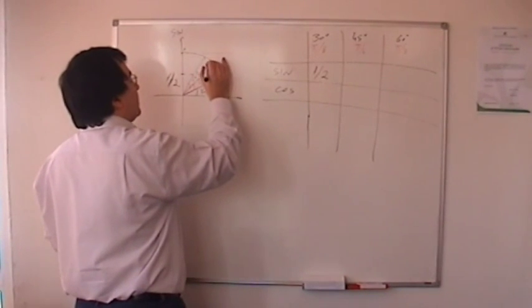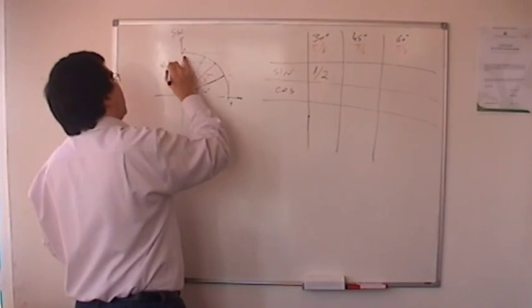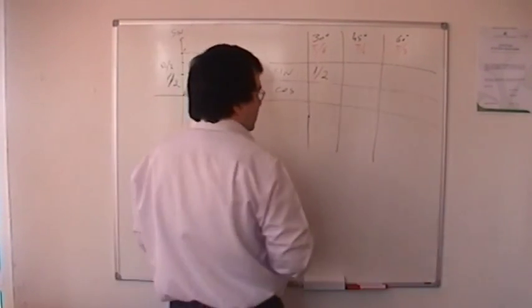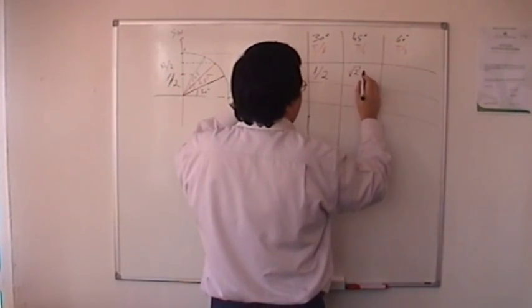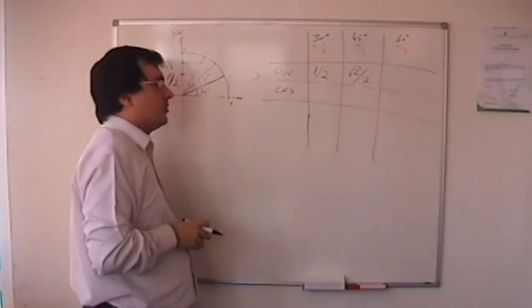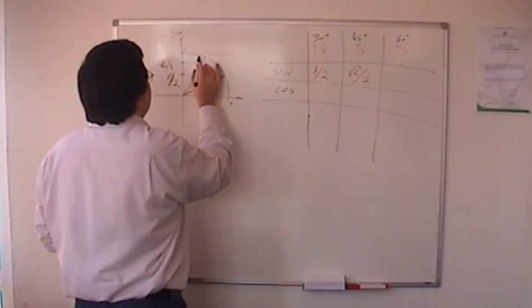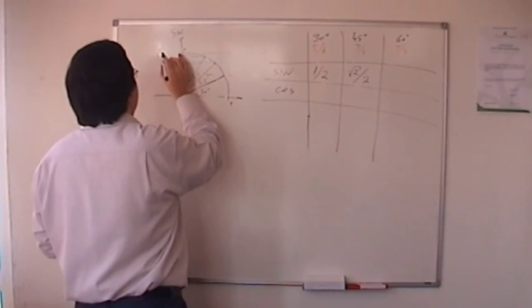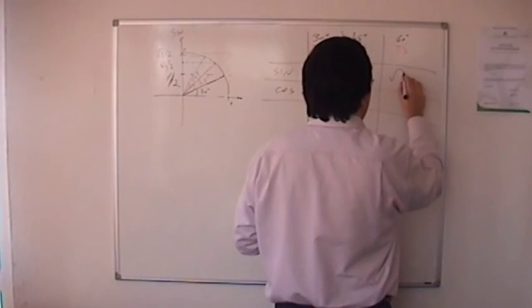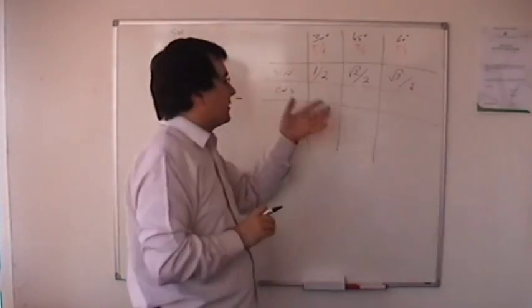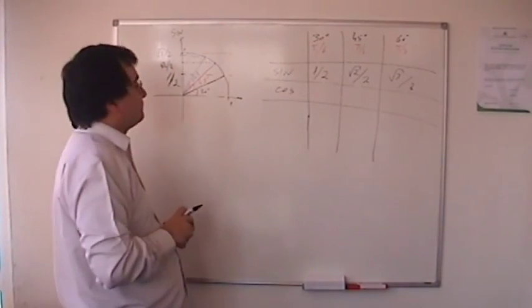Now for 45 degrees you have another value that will be square root of 2 over 2. So the sine for 45 degrees will be square root of 2 over 2. And finally, for the 60 degrees, you will have another number that will be square root of 3 over 2. These are known measurements and known values for these three angles here.